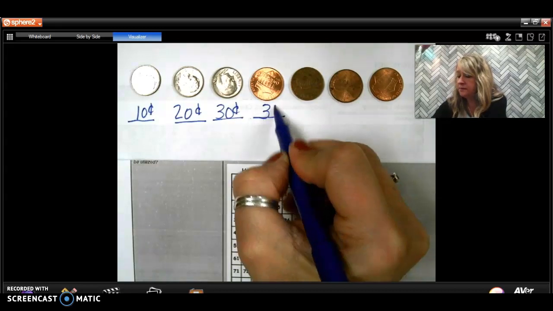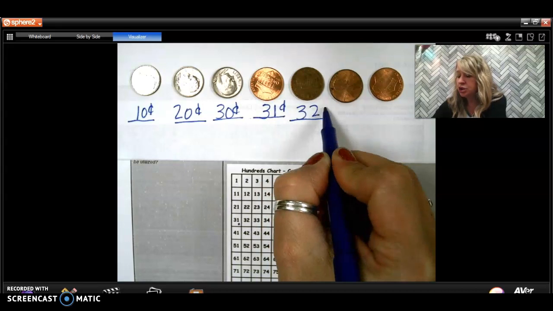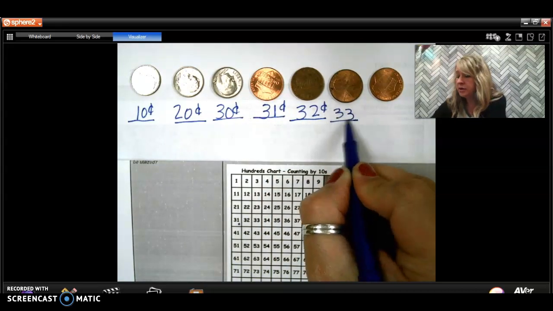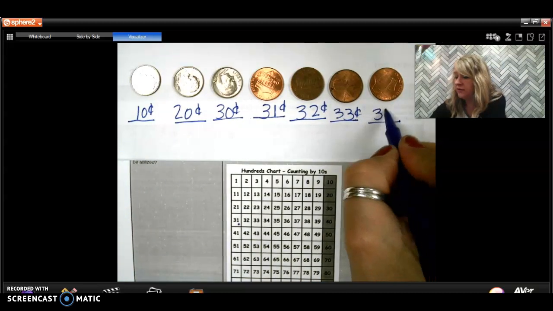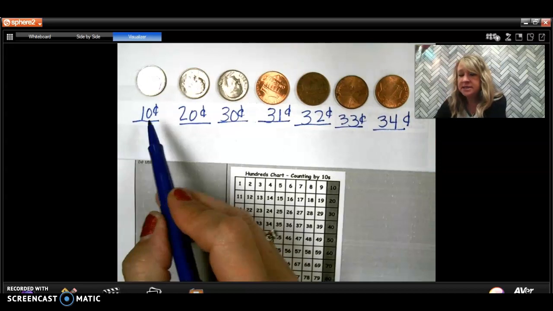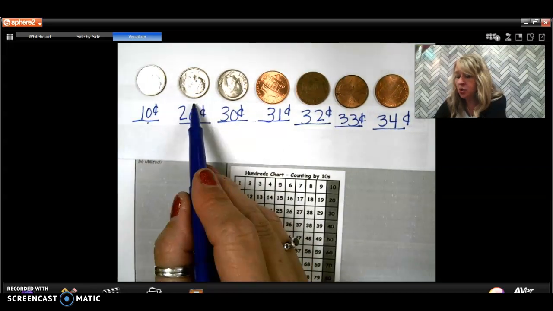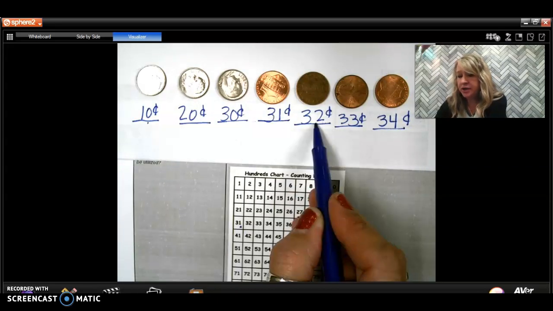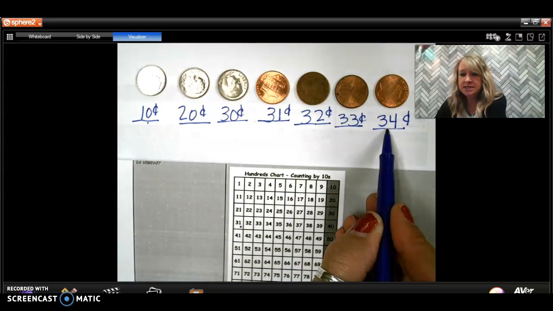Very good. 32, 33, and the last one is 34 cents. Let's count this one more time. 10, 20, 30, 31, 32, 33, 34 cents.